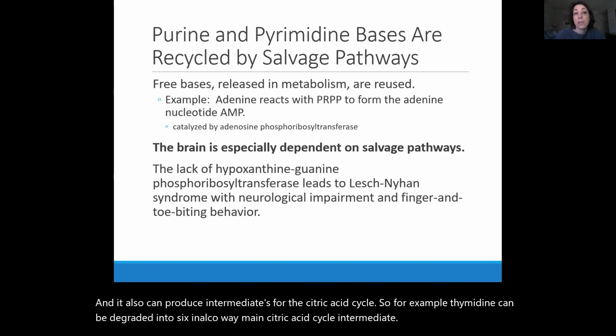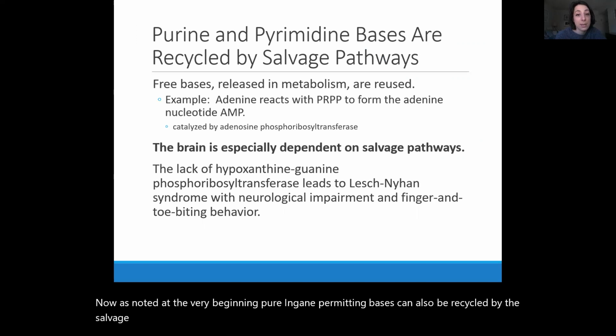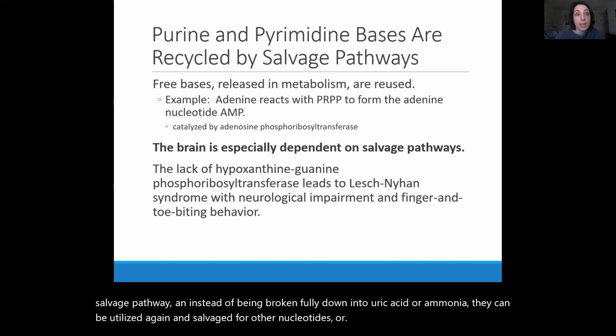Now, as noted at the very beginning, purine and pyrimidine bases can also be recycled by the salvage pathway. And instead of being broken fully down into uric acid or ammonia, they can be utilized again and salvaged for other nucleotides, things like ADP, AMP.